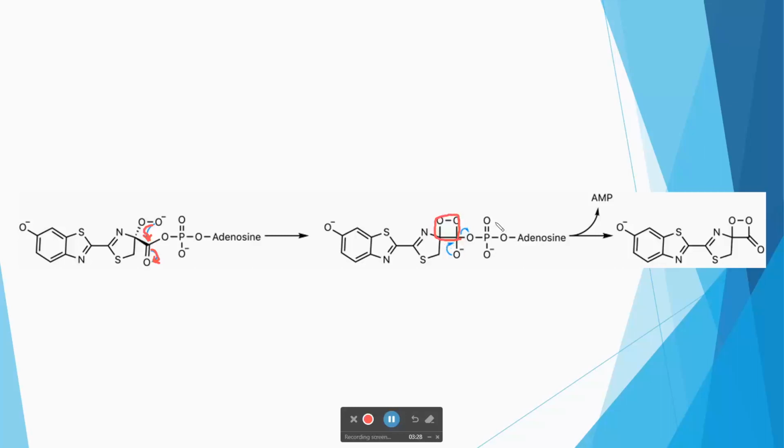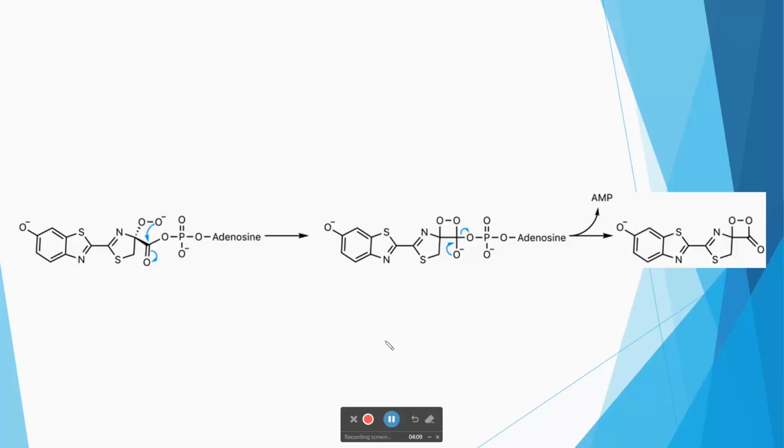And to complete the nucleophilic acyl substitution, this tetrahedral creates a favorable interaction to kick off the AMP leaving group, which is a good leaving group in this case. And it does this by pushing the electrons back down into the tetrahedral and then eventually kicking off the AMP molecule, leaving us with an alpha peroxylactone, which is high energy, and it's called a dioxetanone.